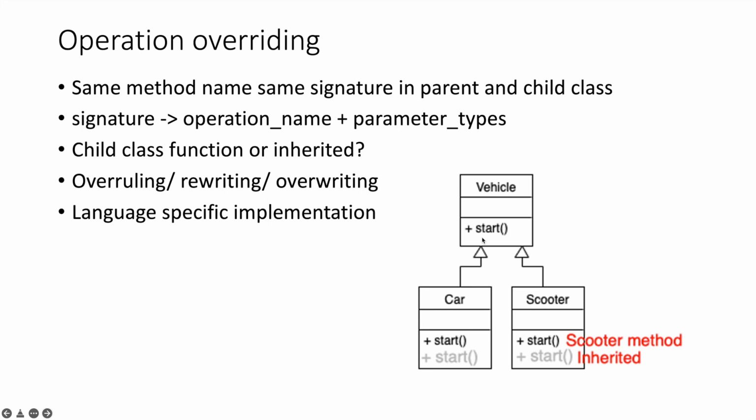We have seen that in the same class we cannot have two methods or operations with exactly the same name and same signature. I told you in operation overloading that it is not possible. But let us try doing it in a parent and a child class. For example, this start method is there. In a Car class, this start method is inherited.